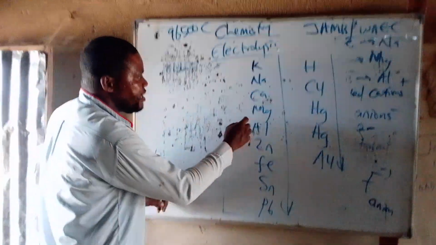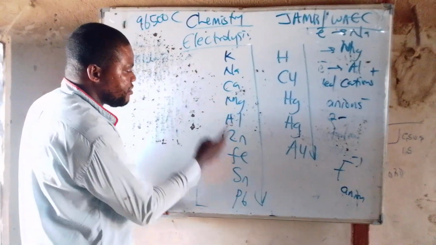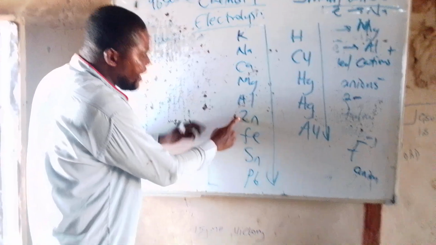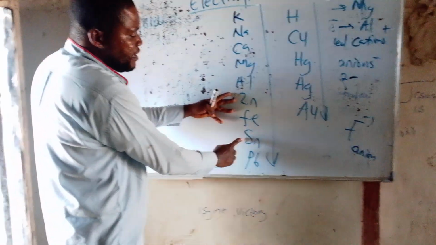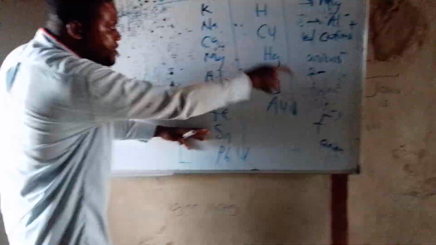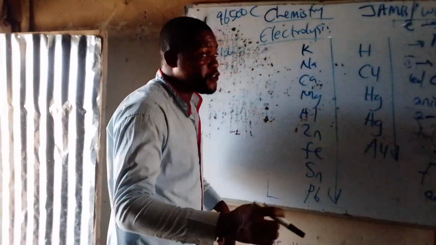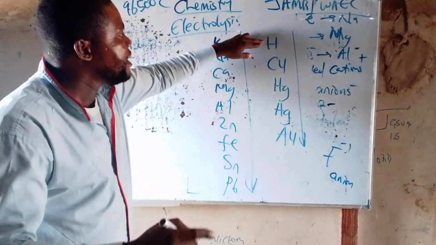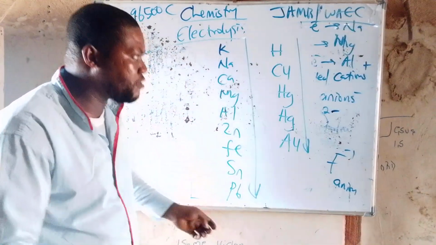It means that whenever I'm trying to bring out my pure element, look up. Zinc cannot come out before aluminium. Tin cannot come out before zinc. Zinc will come out before iron, before tin, before lead. So therefore also, number 2, an element lower than the other cannot displace another in a reaction.